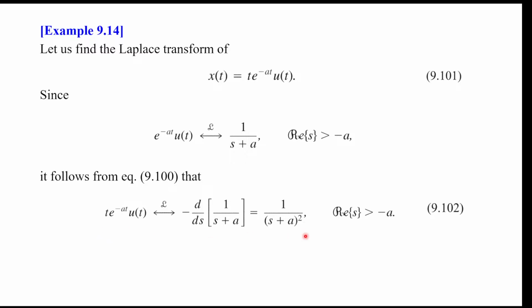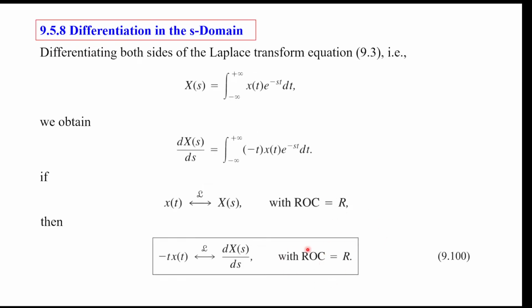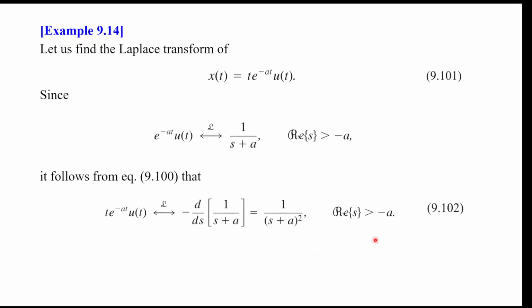And as we said, the ROC doesn't change at all, so the ROC is still right-sided. So now we see what the second order term inverse Laplace transforms into: it is the same function but just multiplied by a t, this right-sided exponential decay multiplied by a t.